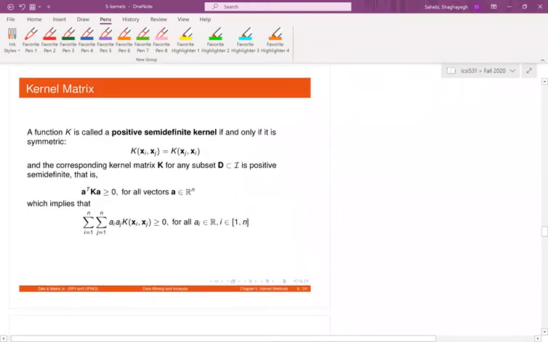Okay, so what kind of functions are going to give us those kinds of kernels? We have seen the very popular ones. We have seen the linear identity kernel, the polynomial kernel, the RBF kernel. But are these the only kernel functions?